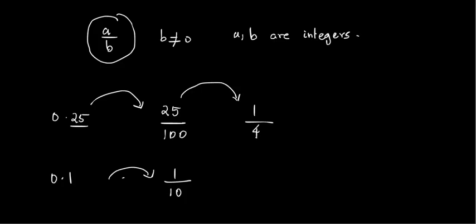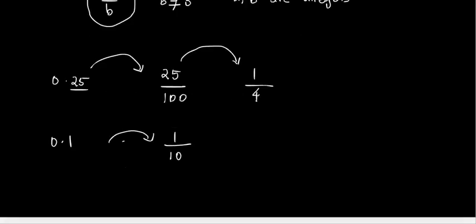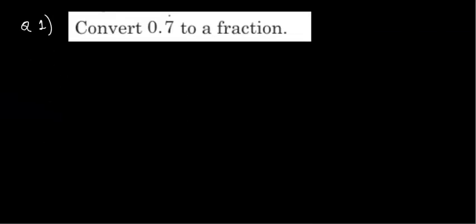Now let's see the main part of the video, that is how do we convert recurring decimals to rational numbers. The very first question we are doing is: convert 0.7 recurring to a fraction form. We have a procedure for this.